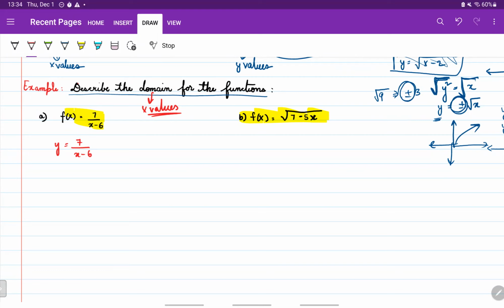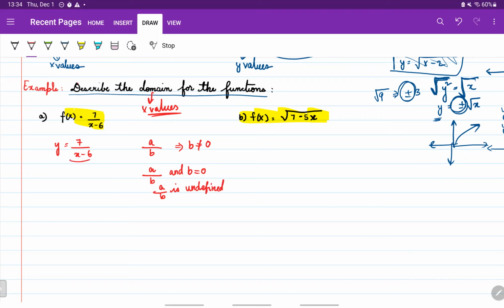So one thing we all know is when we have a fraction, a by b, this is valid only when b is not equal to 0, right? So a denominator should not be equal to 0. If the denominator is 0, if a by b and b equals 0, then a by b is undefined.